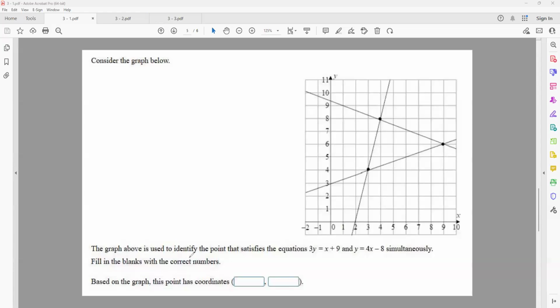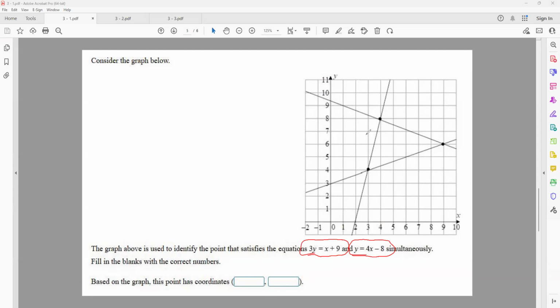The graph above is used to identify the points that satisfy 3y equal x plus 9, y equal 4x minus 8 simultaneously. Fill in the blank. Based on the graph, this point is on the graph of. What does this mean?